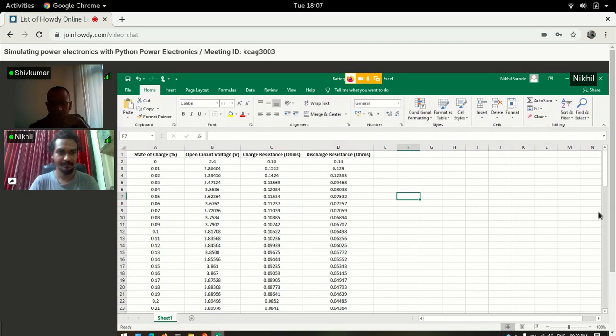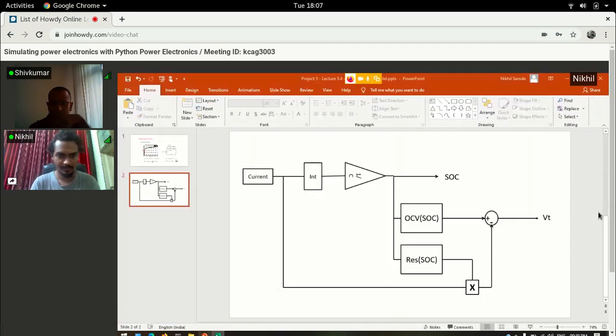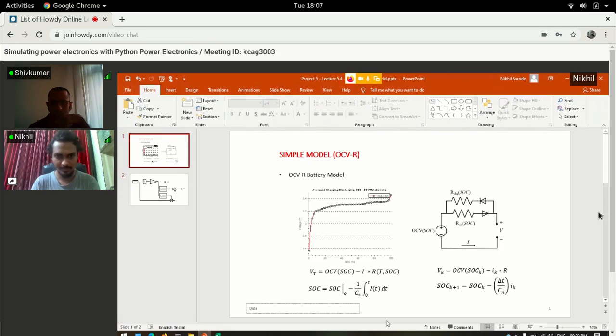Can you show me the equation again? Okay, now do you have any literature? Because from what I know, this capacitance is a kind of model of the cell as a large capacitor. Yeah.